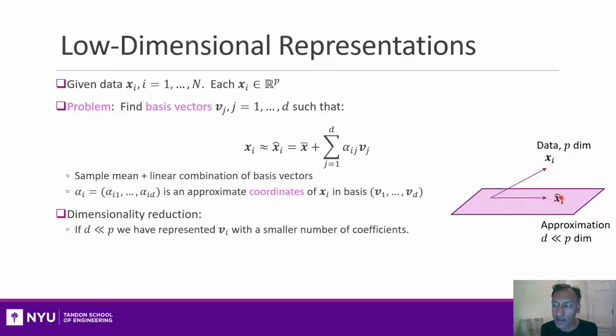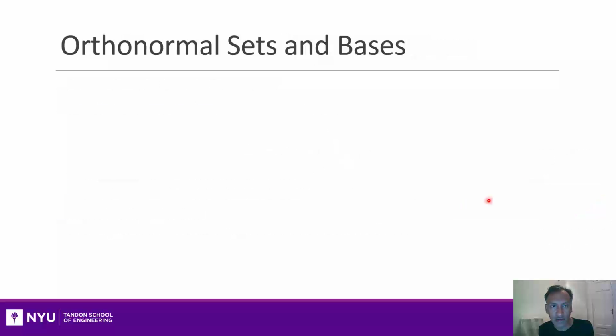So as long as this approximation is good, that is, we can find a subspace where all the data records are close to that subspace, we're not losing much information, but we're being able to represent it in a smaller number of coefficients. And that is the basis for what we mean by a low dimensional representation.